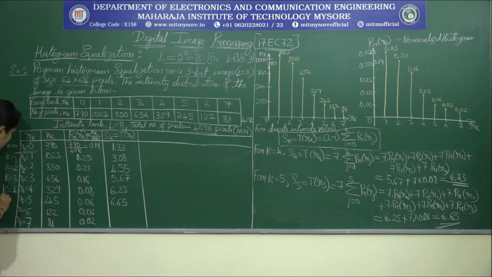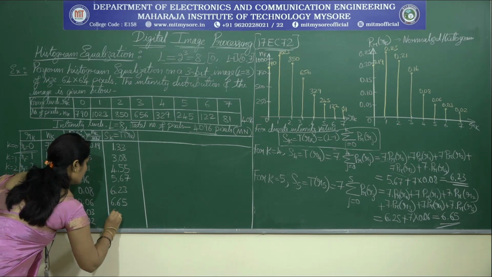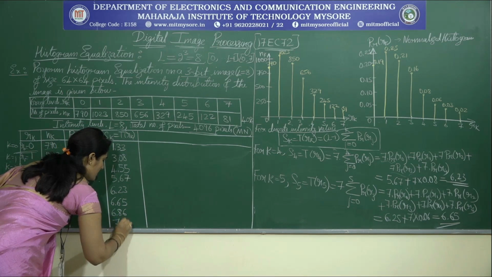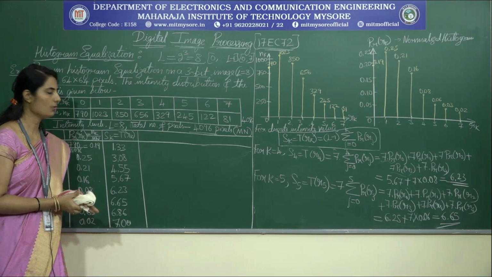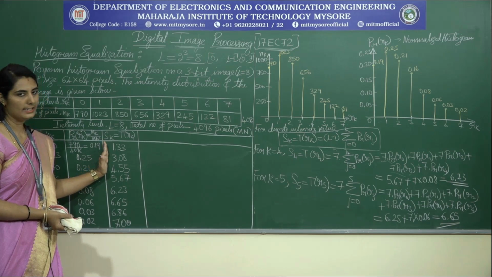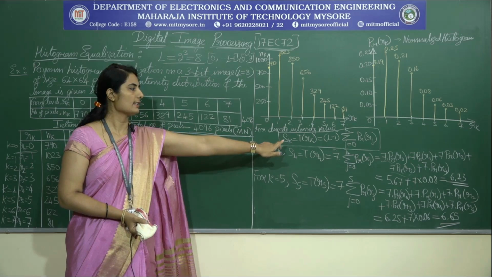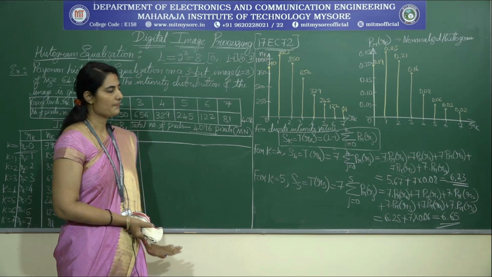Similarly, for k is equal to 6 and for k is equal to 7, it results with 6.86 and 7.0. So this is how we find the transformation of the intensity levels using the transformation function, that is Sk is equal to T of Rk for discrete intensity levels.